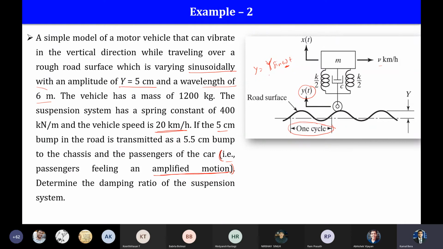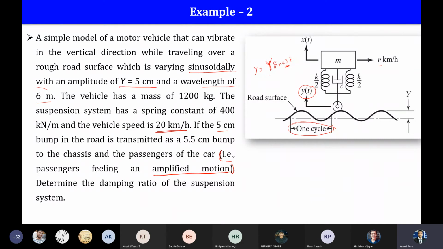And you will find in this case as well as some other problems that if there is a car type of problem or a suspension type of problem, the damping ratio will not be small. It will be quite large. Because otherwise, if you give small damping, what will happen to the passenger? You understood, right? You will not feel comfortable, and it is also not good for the car.